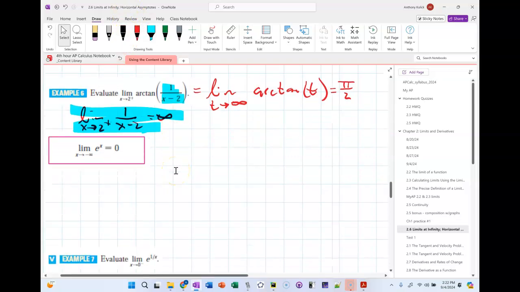The next here is just a statement of fact. The limit as x approaches negative infinity of e to the x is 0, right? If I have a negative in my exponent, that makes a reciprocal. So I'm going to have 1 over e to the big, which is a gigantic number. So 1 over a big number goes to 0, right?